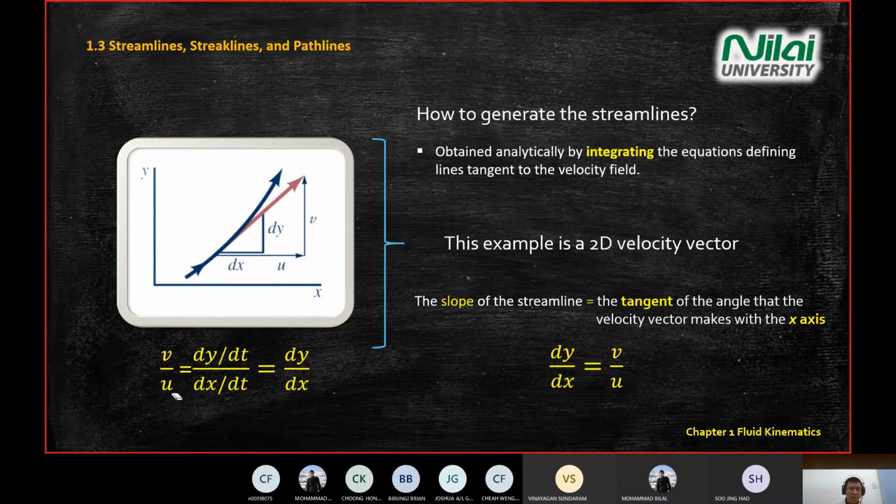The distance traveled by the particle in the x component, dx, divided by dt, gives the velocity. In this case, for the velocity vector in the x component, we use small u. Then you rearrange the equation, as I show you on the slide now. You simplify this equation, the dt will be gone, and at the end you'll get dy dx. You still arrive at the same equation.